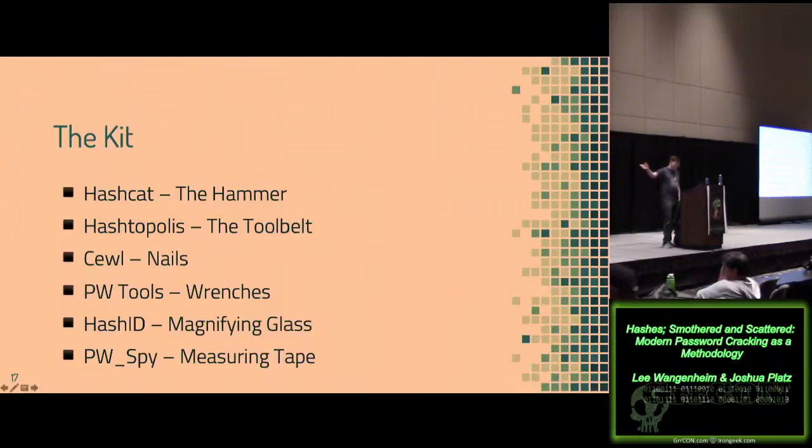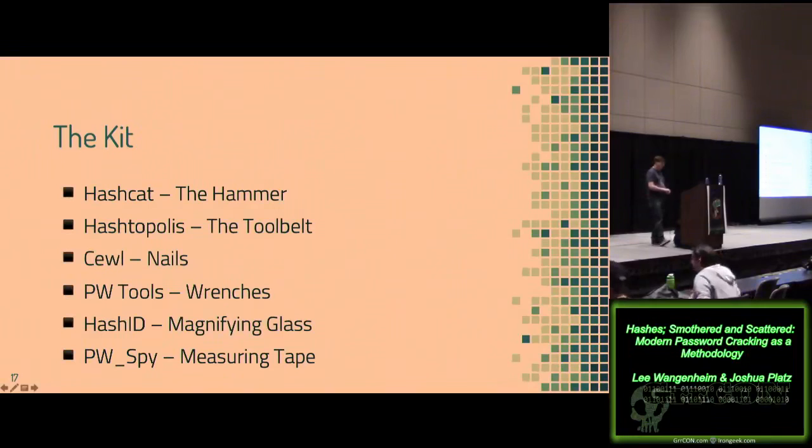CeWL is a pretty interesting tool. It's great if you're kind of lost or if you're on site doing WPA stuff. It will scrape a website and generate a word list out of that website. So it'll find company names and their core values and things like that. I don't use it that much, to be honest, but it's in the bag if I need it.